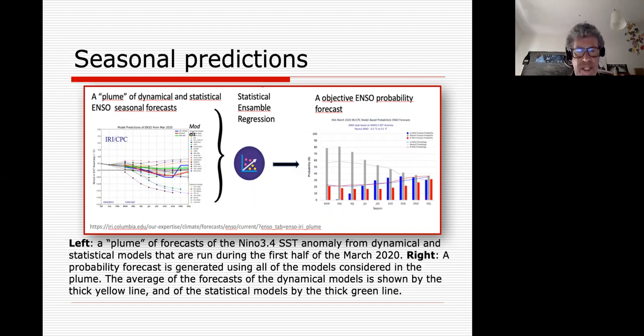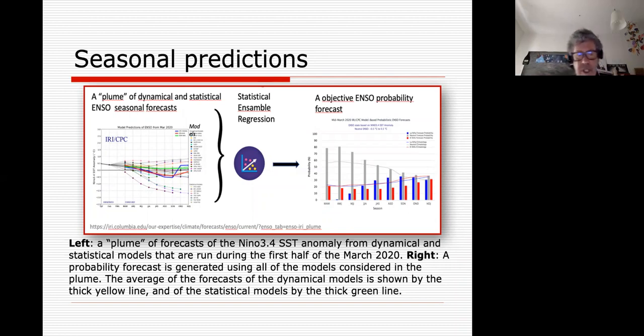One is purely statistical. The other one is dynamical. As a result, we can just solve the primitive equations: momentum, continuity, density, temperature, salinity, and so on. And you can solve the dynamical equations.